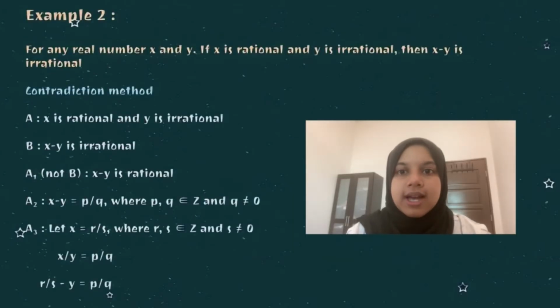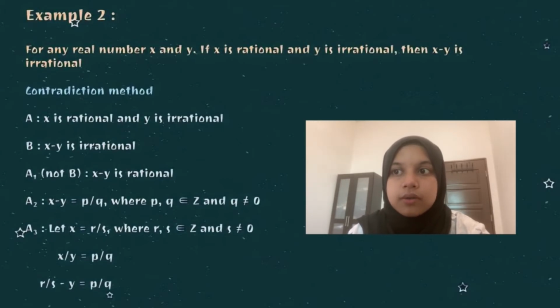Example 2. For any real numbers x and y, if x is rational and y is irrational, then x minus y is irrational. So we must use the contradiction method. The hypothesis A is x is rational and y is irrational. Then the conclusion B is x minus y is irrational. A1, not B: x minus y is rational.